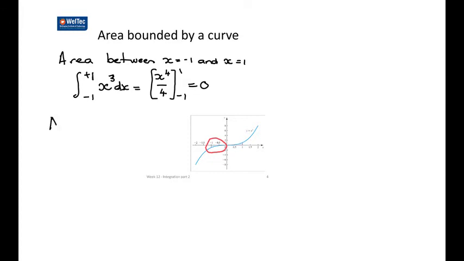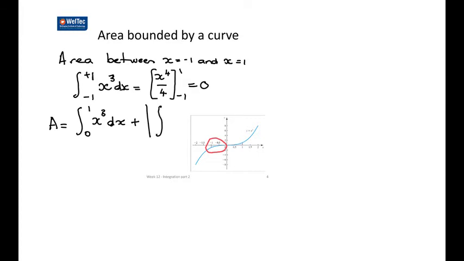So what we need to do now is say that the area is equal to, the bit above the x-axis is fine, so between 0 and 1, there's no problem. But what we do is we just take the absolute value of the bit that's below.